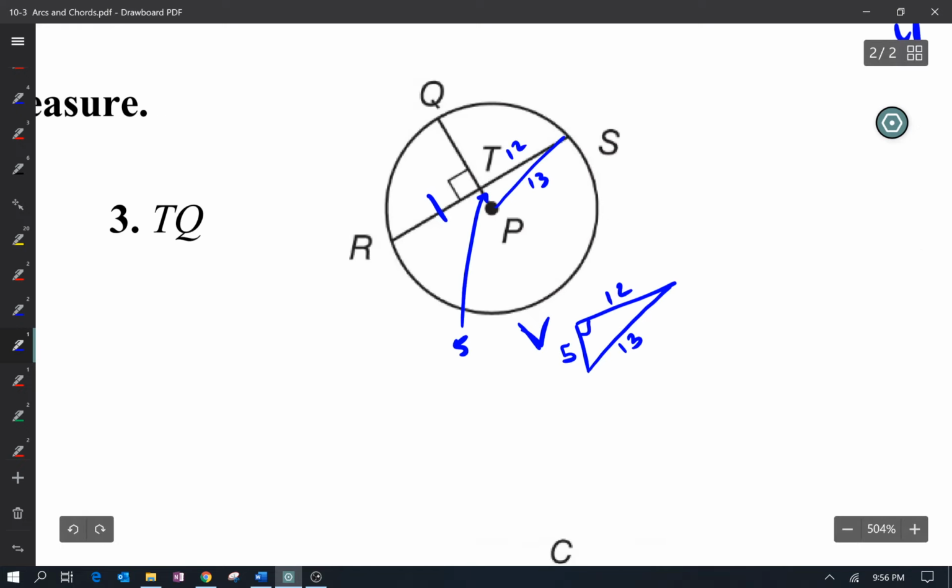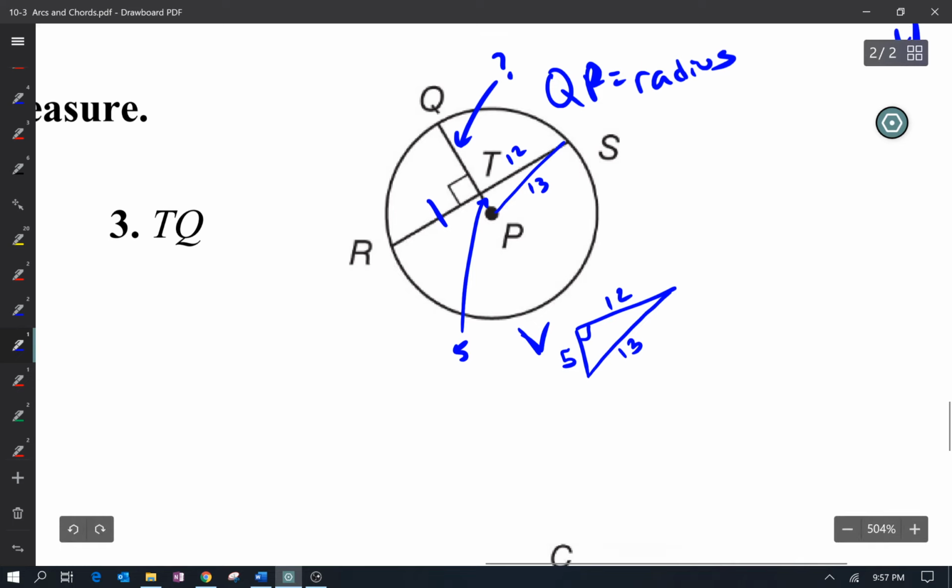All right. And then here is where most people would get stuck. They'd ask, well, how do I figure out what this is? That's what TQ is. Be careful. They're hiding information from you. What do I know about QP? I know that QP is a radius. Oh, so it's also 13.